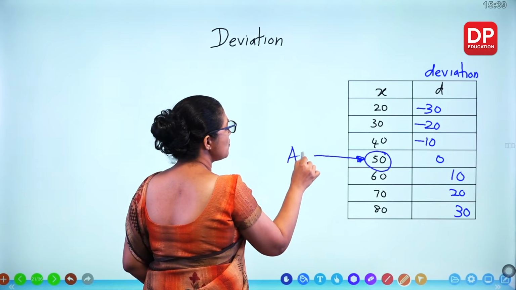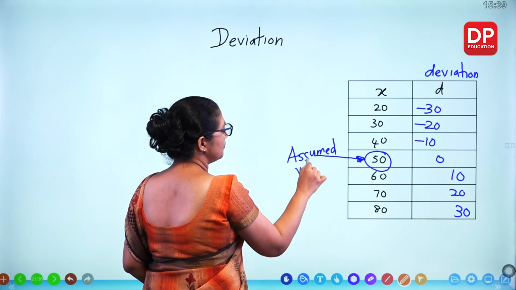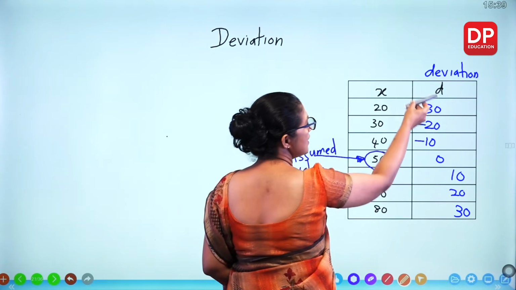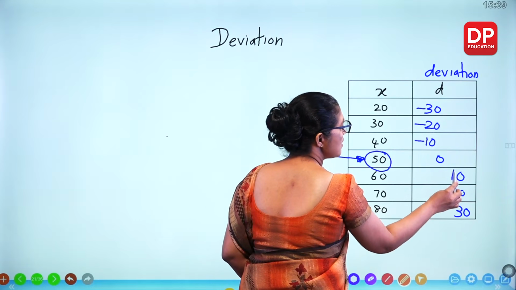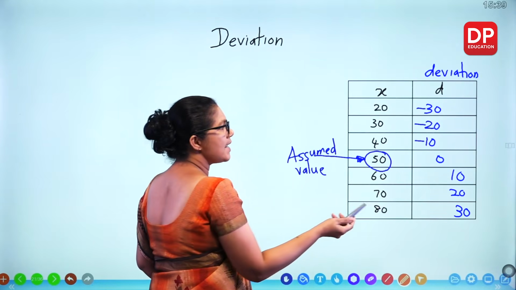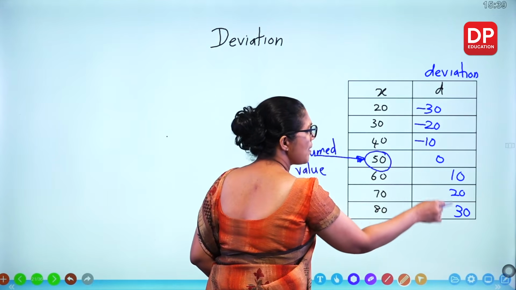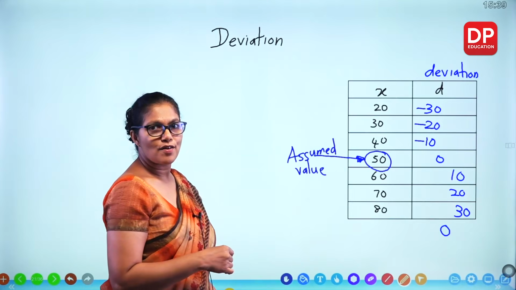So this is the assumed value. Then when you add total D, what happens? 30, 20, 10, 30, 20, 10. Here they cancel out. You get minus 70 and plus 70. So the total deviation is 0.